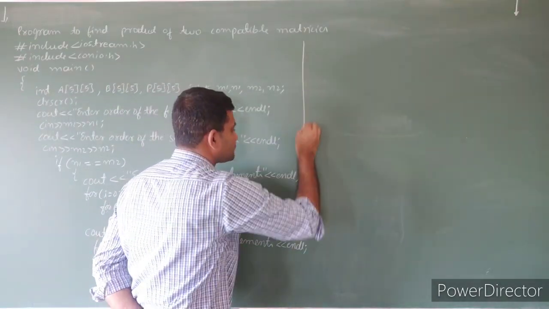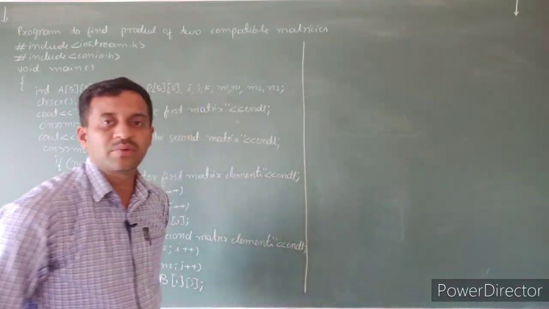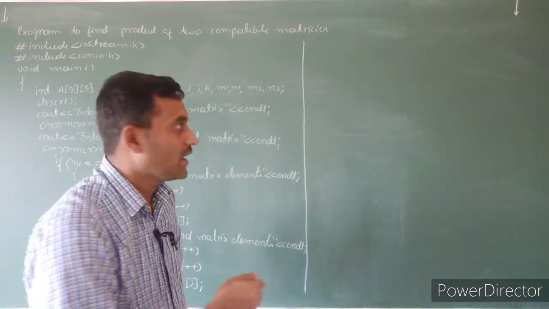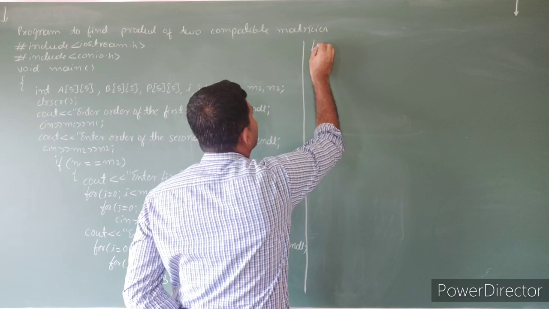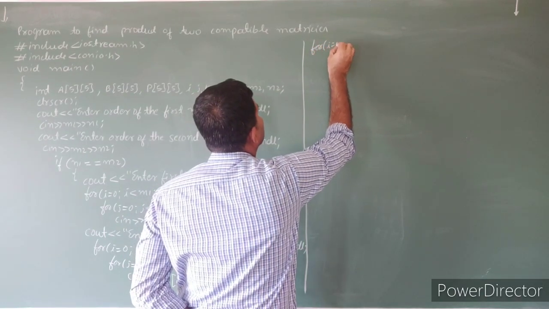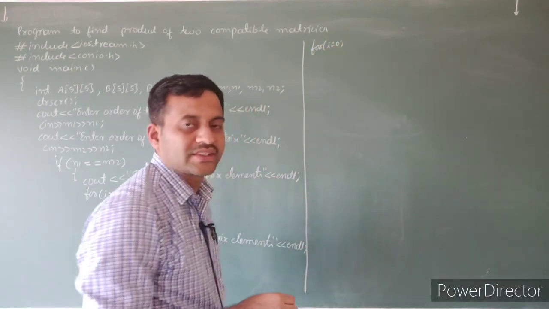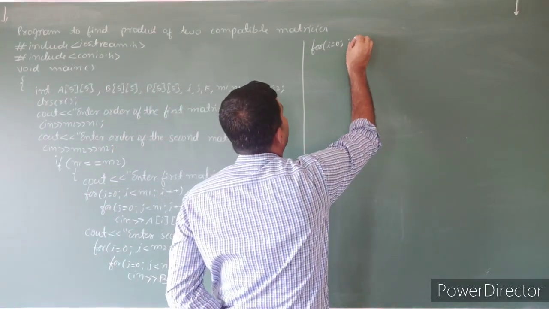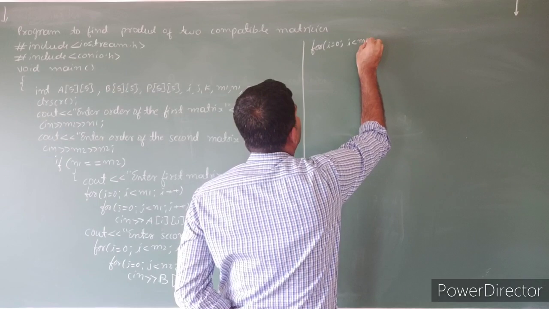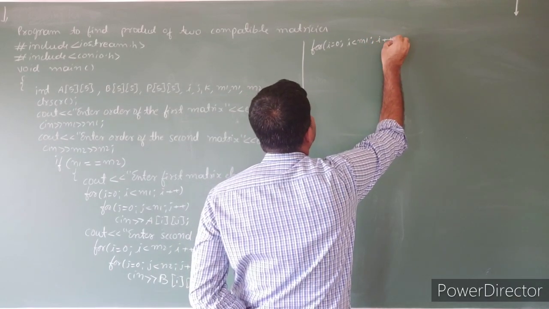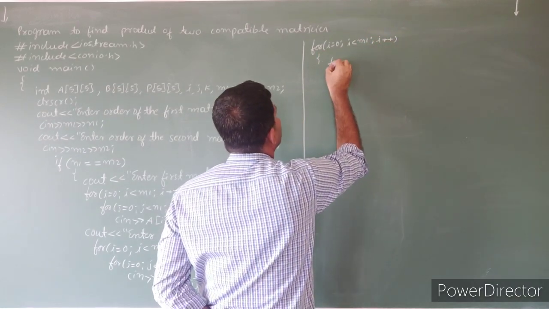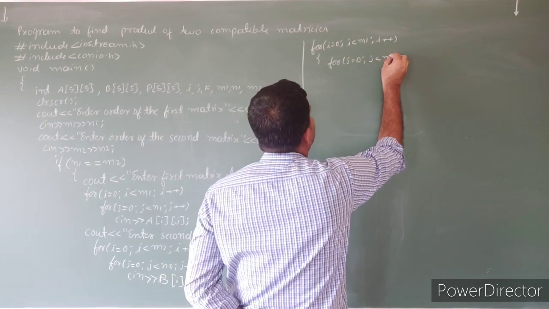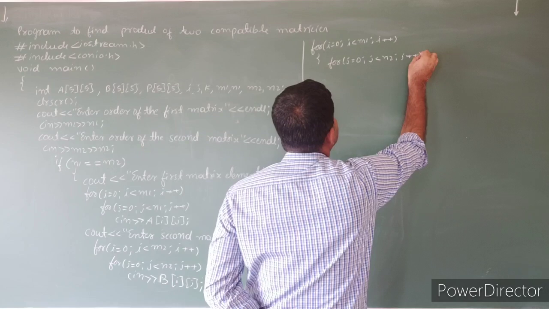After that, we have to multiply the elements. To multiply the elements, we have to access the elements. Again, for I equals 0, here to access the array elements we use the outer order: I equals 0, I less than M1, I plus plus. Under that, for j equals 0, j less than N2, j plus plus.